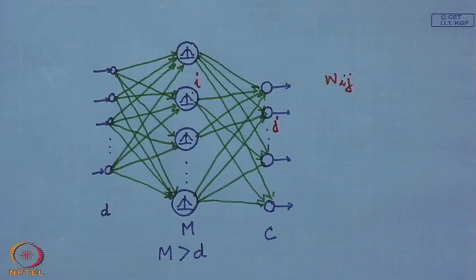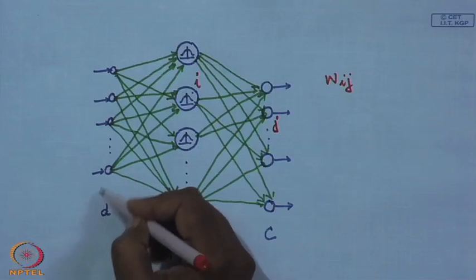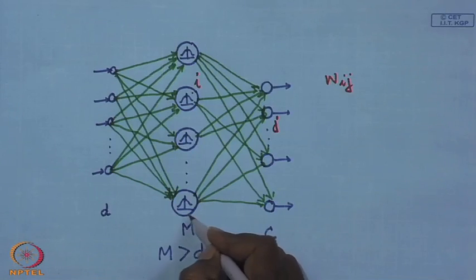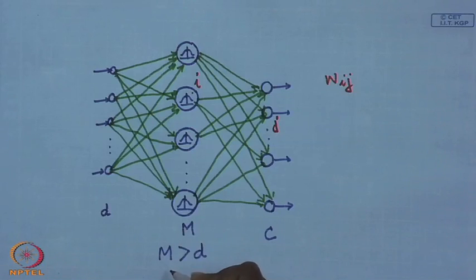So, as we increase the dimensionality more and more, the possibility of linear separability of the feature vectors also increases. So, the feature vectors in the d dimensional space which are not linearly separable, when I cast them into an m dimensional space where m is greater than d, it is more likely that those feature vectors will be linearly separable.